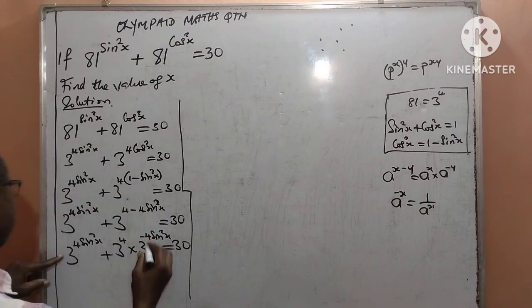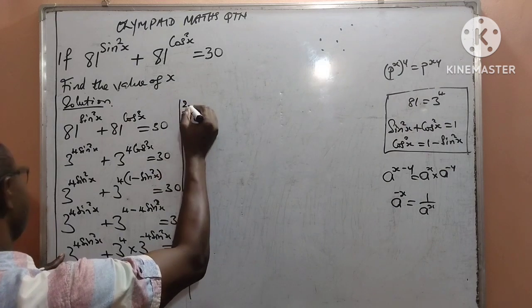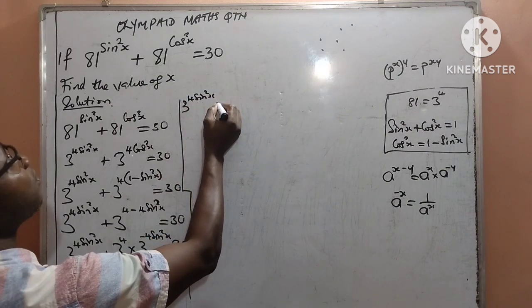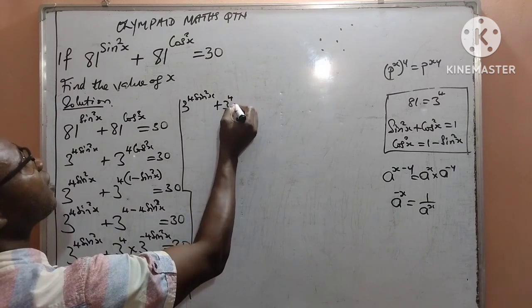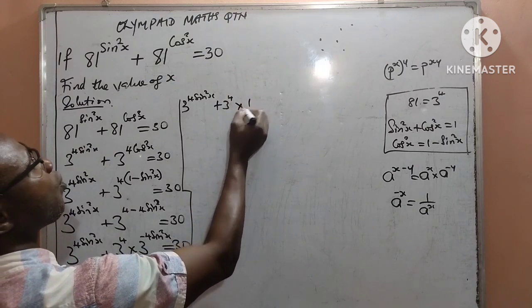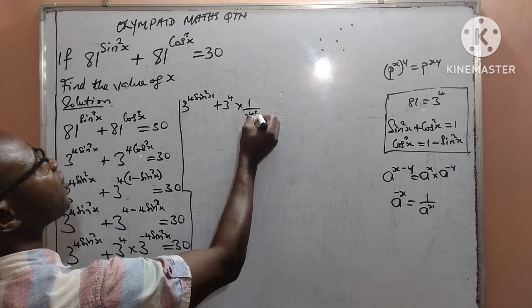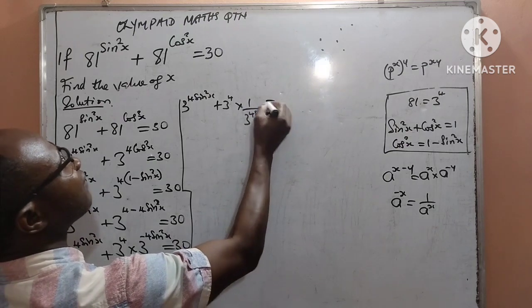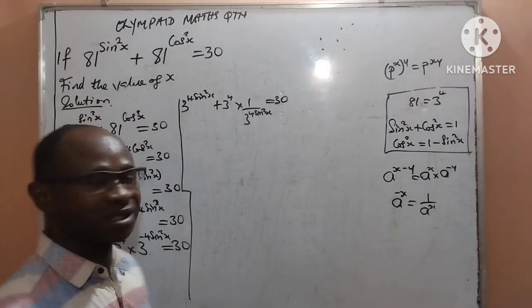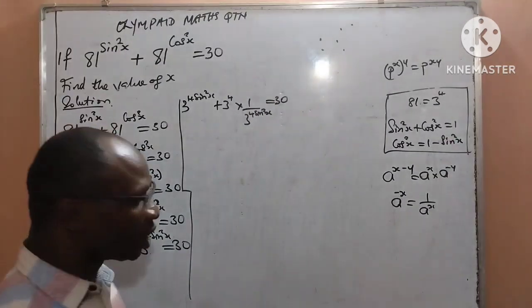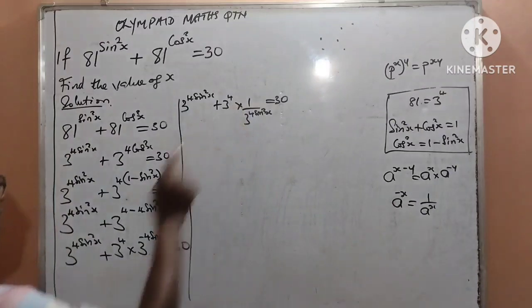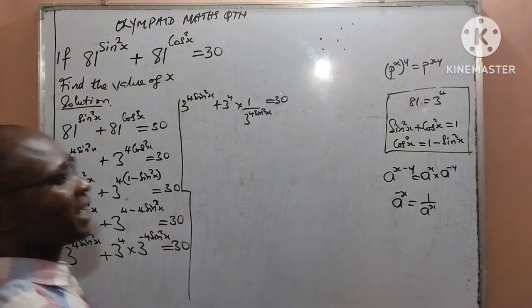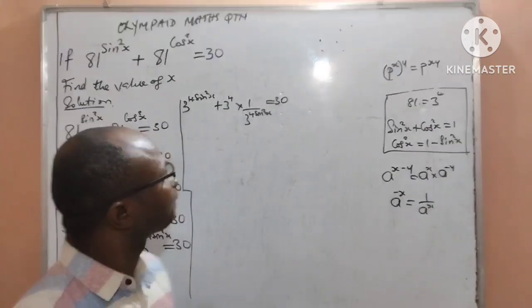So I can now write it like this: 3 raised to the power 4 sine square x plus 3 raised to the power 4 multiplied by 1 all over 3 raised to the power 4 sine square x. Everything now is equal to 30. What I have just done is to move out the negative sign. That is why I have it moved to the denominator.